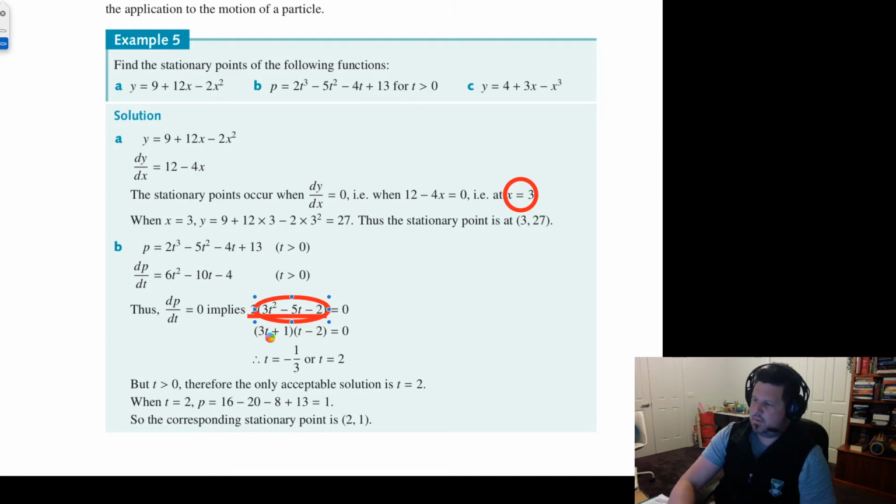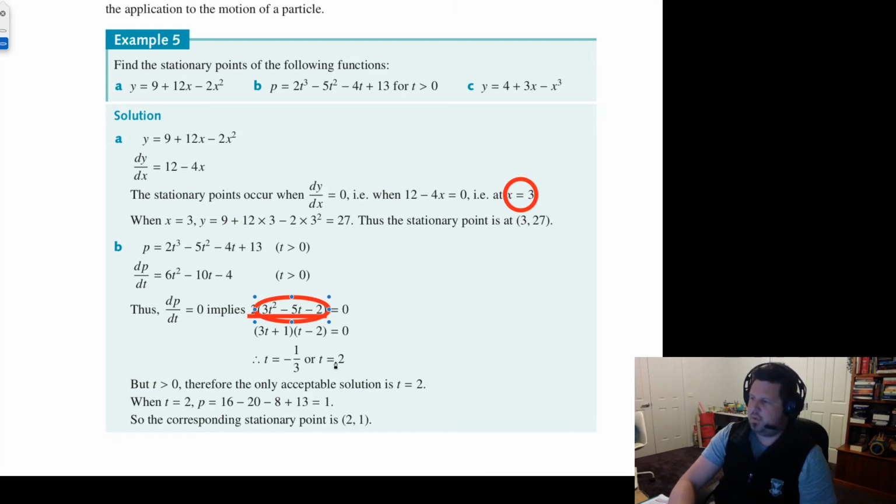First, solving 3t plus 1 equal to 0 and rearranging, t is equal to negative 1/3. Where you make t take away 2 equal to 0, rearranging by adding 2 to both sides, you end up with t equal to 2.